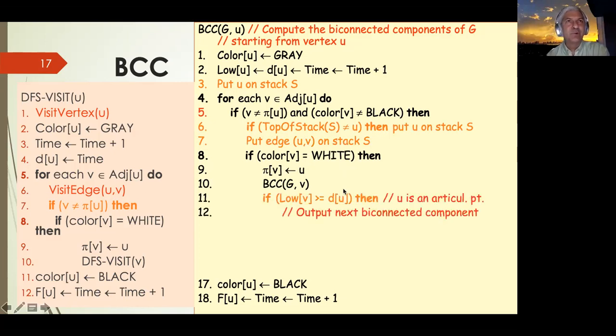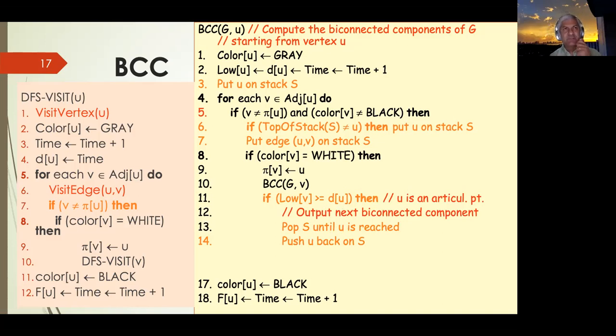But this is the important part here. It says that if the low value of a vertex is greater than or equal to its depth first search number, then that vertex is an articulation point.